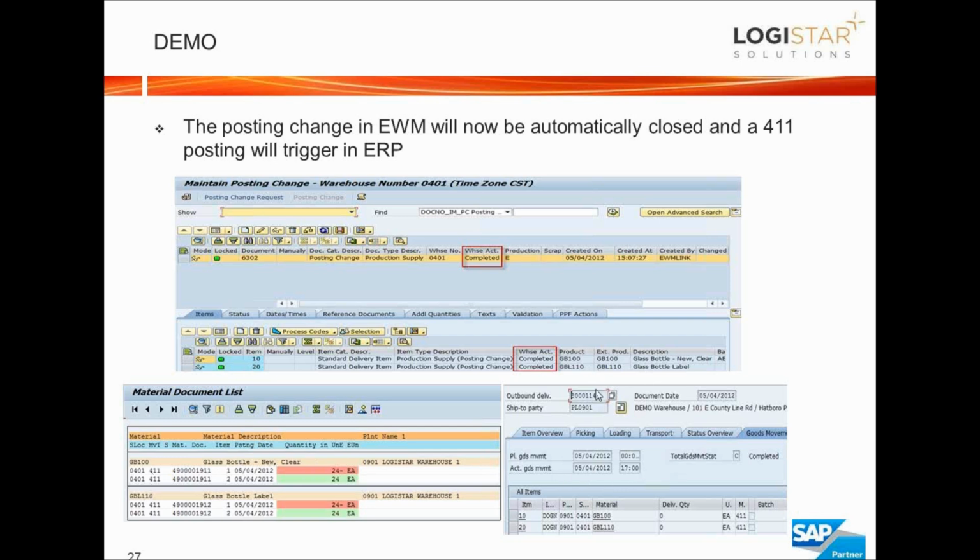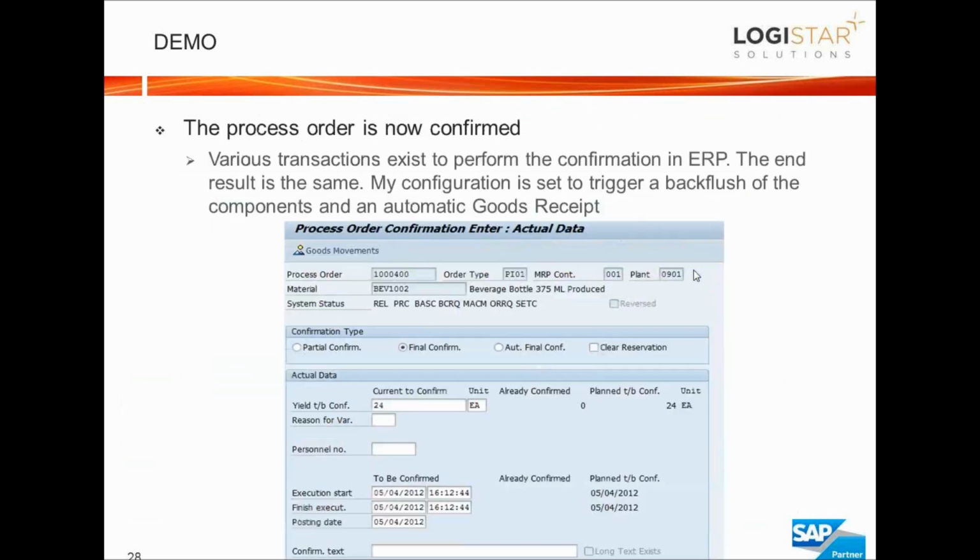Also, I'm just showing for reference purposes in ERP that outbound delivery document that was sent, and that it automatically got set to status of completed, and you can see the 411 movements came through. So again, all this happened automatically just based on confirming those tasks over to the PSA within EWM.